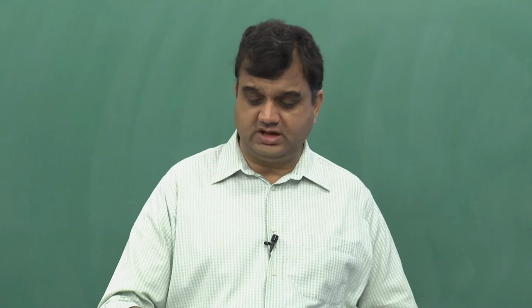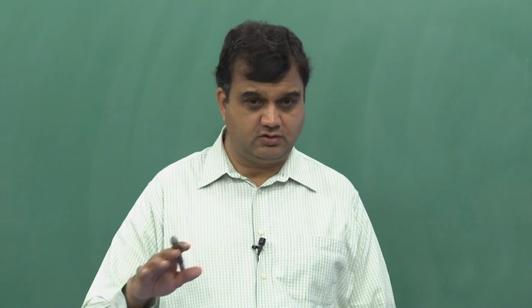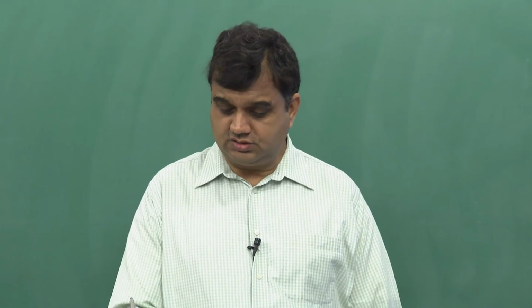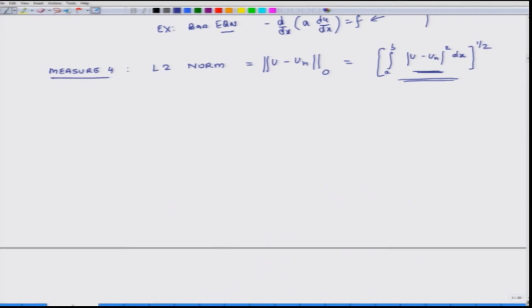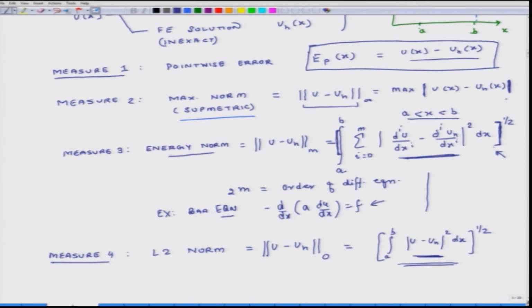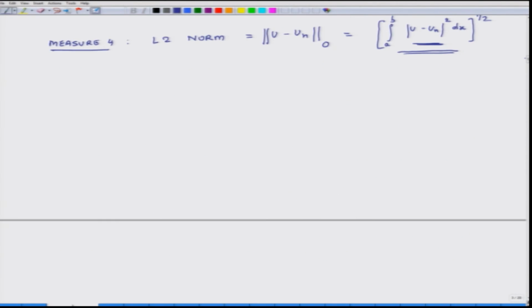Similarly, the integral of uh times dx will be the area under the curve for uh, right. So, this norm represents the difference in the areas. So, this somewhat tells us about energy, this tells somewhat about difference in areas.